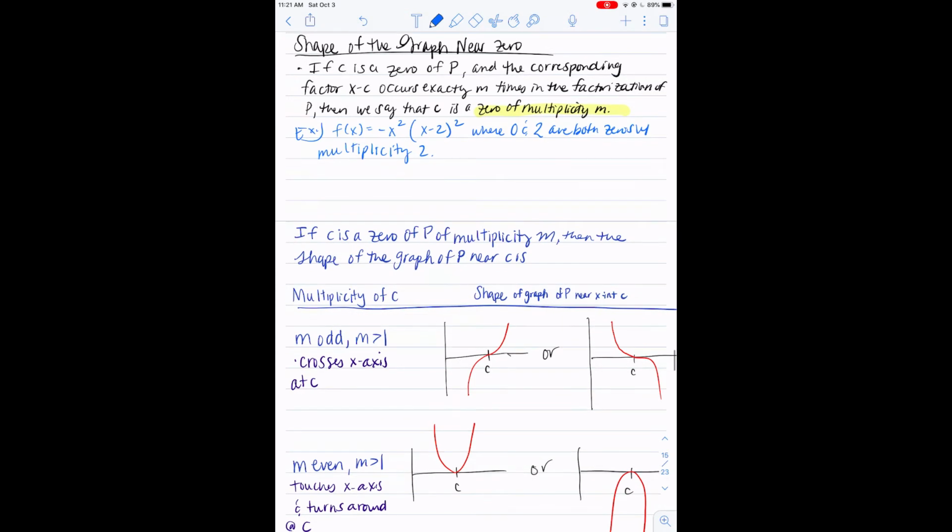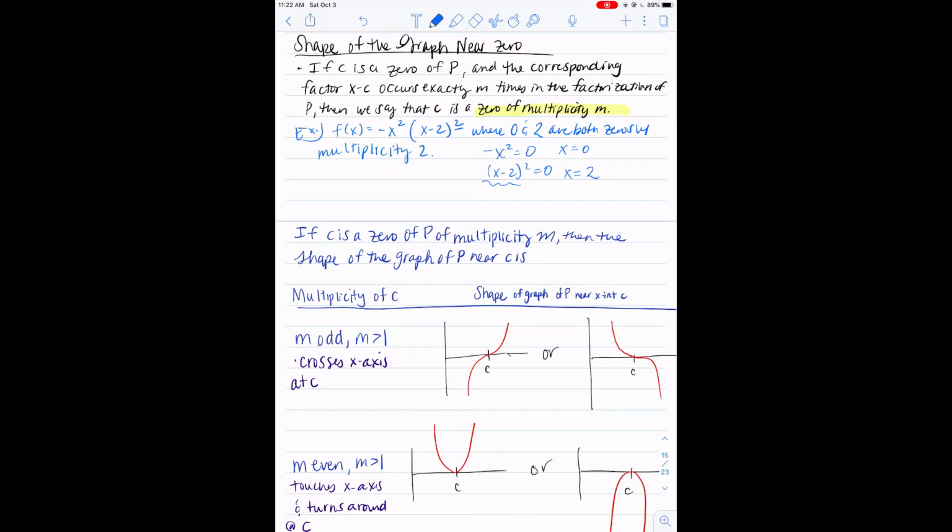So we have f of x equals minus x squared times x minus 2 squared. We know our zeros are when these equal 0. So x equals 0 and x equals 2 are zeros, and their multiplicity is 2, because this term is to the second power.